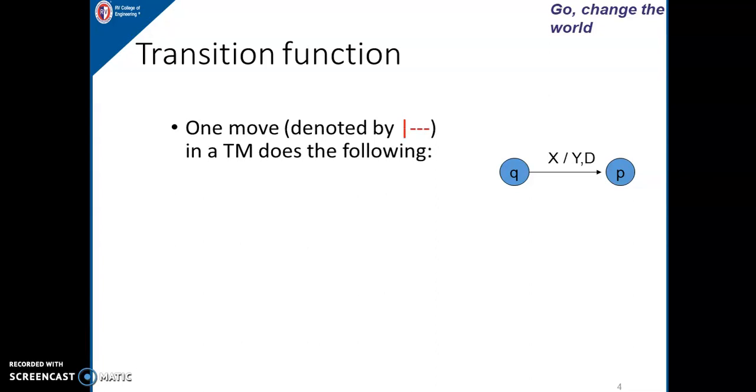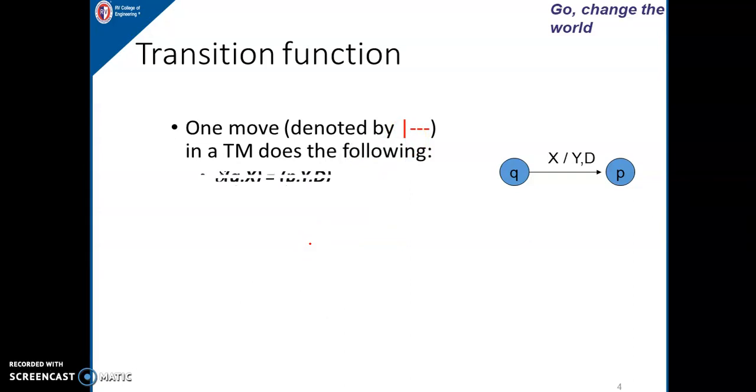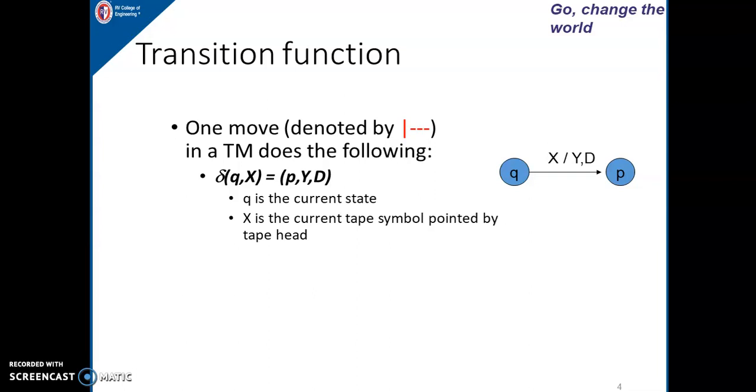So here the transition, the movement is denoted by this symbol, and the Turing machine does the following thing. We have seen the transition function for finite automata and pushdown automata. Here in the Turing machine we have a current state.